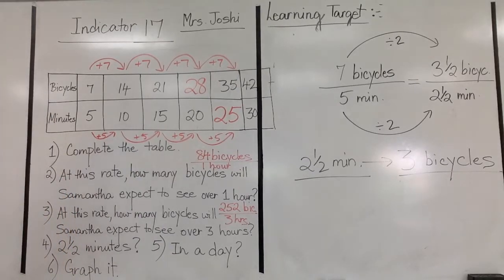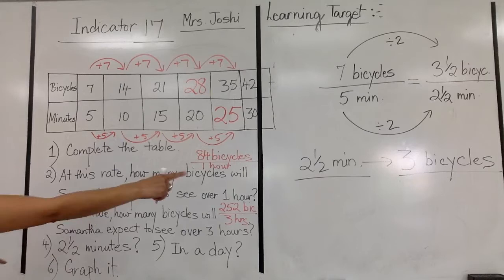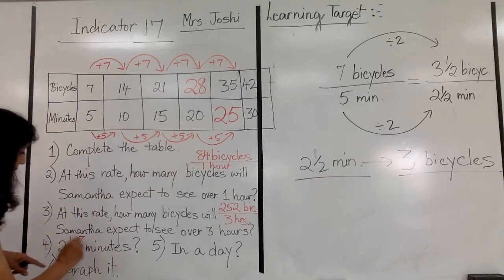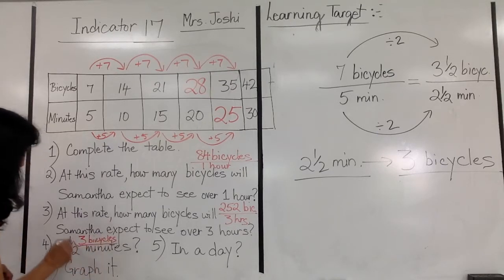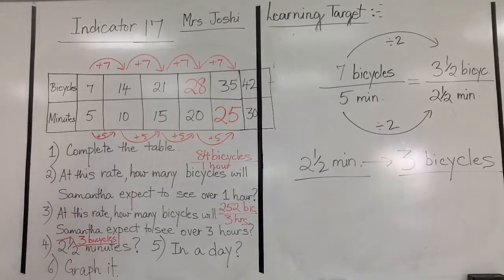All right, in 1 hour, so okay, let's write this again. In 3 hours, we had that 2.5 minutes. We had 3 bicycles. Okay, and over 2.5 minutes, I'm just writing it like this because I don't have space.